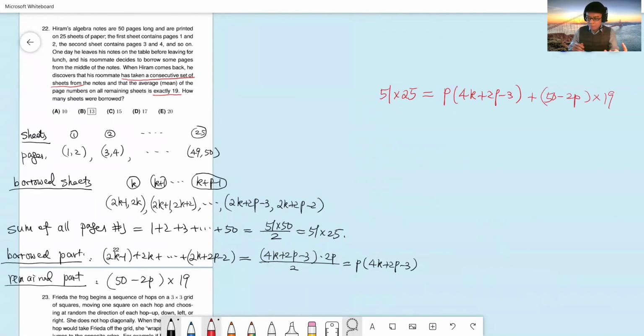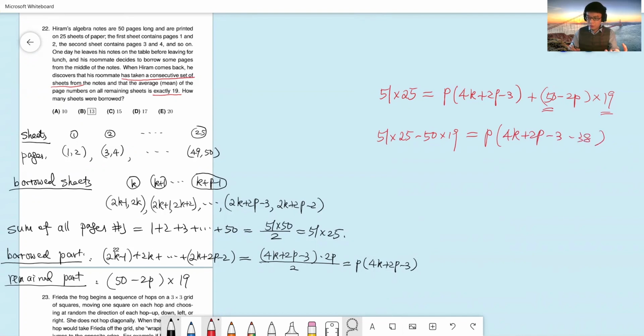And we can move the constant to the left. Here the constant is 50 times 19. So 51 times 25 minus 50 times 19 equals p times 4k plus 2p plus 3, and here we have 38 minus 38p.